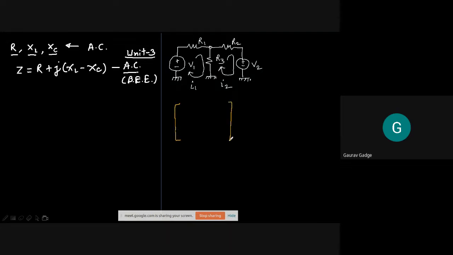So now I just need the matrix for this particular circuit. Let us hear it from Sudhanshu. Sudhanshu? Yes, sir. Just tell me the matrix elements for this circuit. R1, R3.